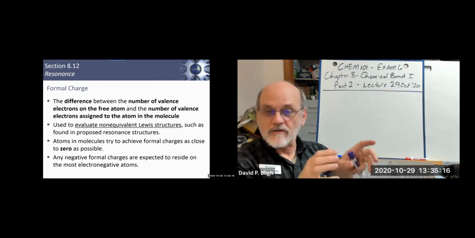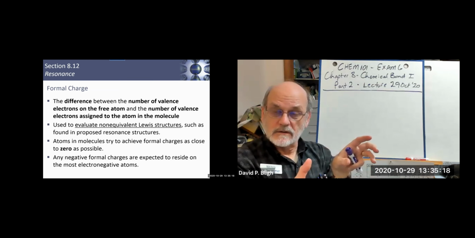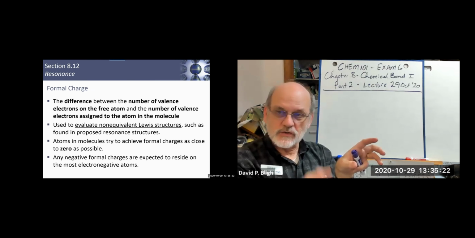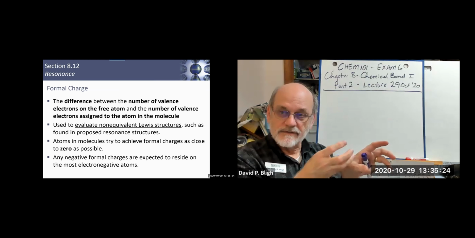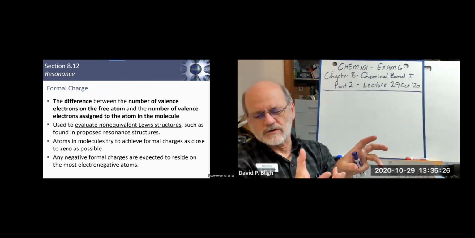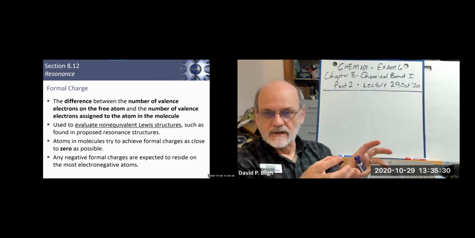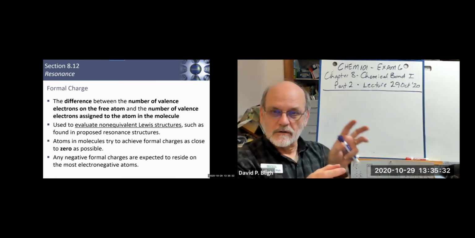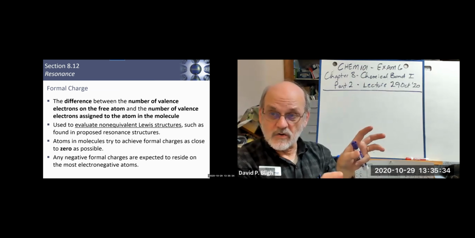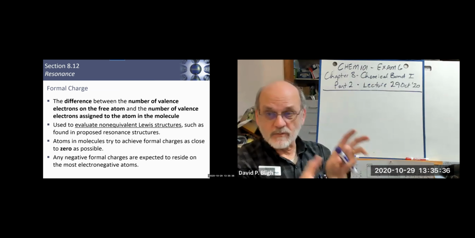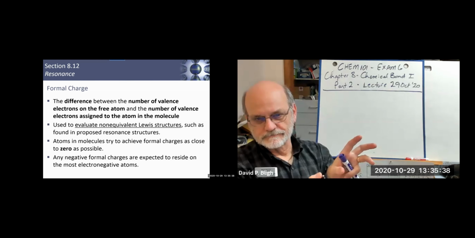If you have more electrons in the molecule than you do in the free atom, then you come up with a negative formal charge for the atom. If there are more free atom electrons than you have in the molecule, then you come up with a positive formal charge.